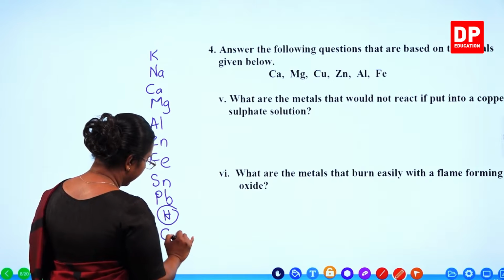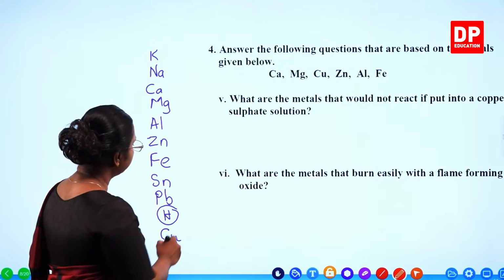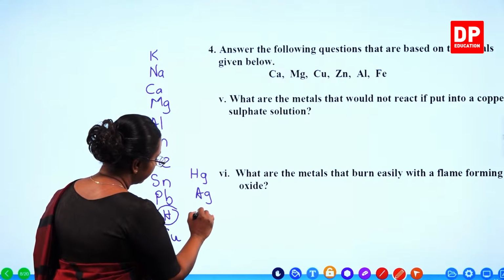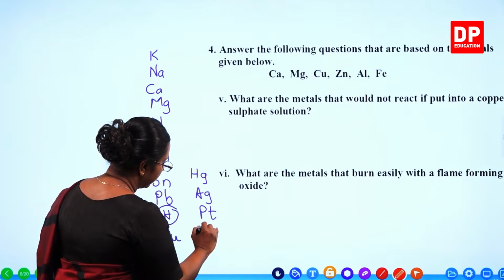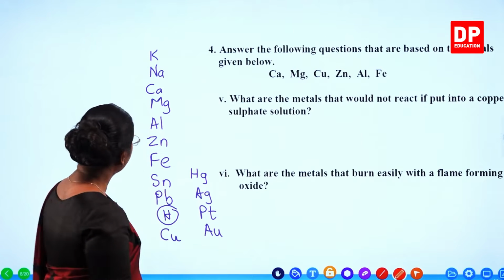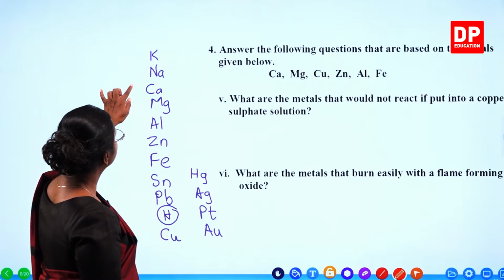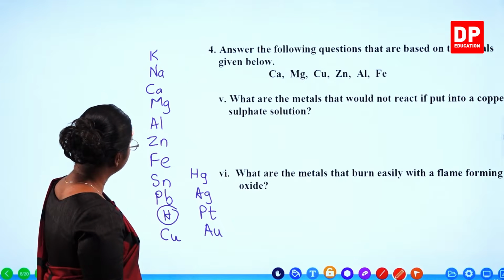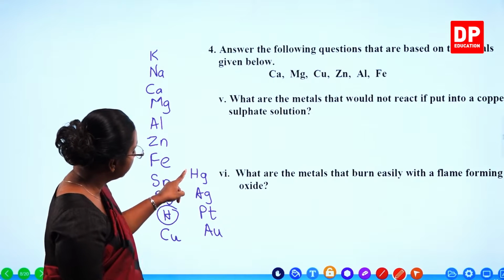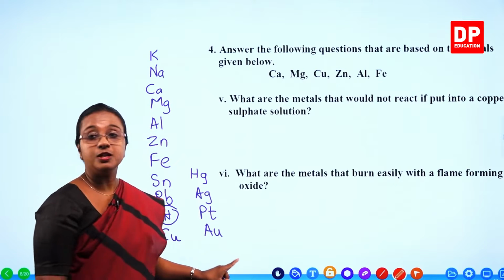After that, we have copper. After copper, if you can remember, we have mercury, then we have silver, platinum and gold. So that is the order of the activity series. Potassium, sodium, calcium, magnesium, aluminium, zinc, iron, tin, lead, hydrogen, copper, mercury, silver, platinum and gold.